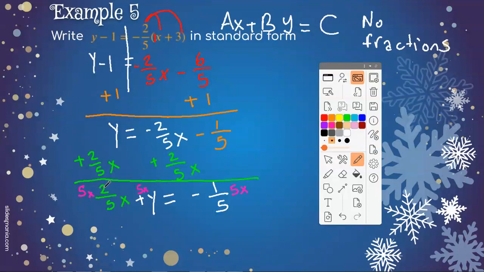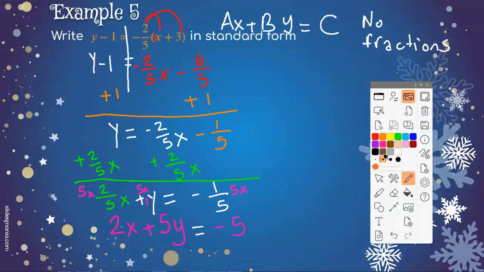So if we do 5 times 2 divided by 5 with the calculator, we're going to get 2x. If we do 5 times 1, we're going to get plus 5y equals, and if you do negative 1 times 5 divided by 5, you're going to get negative 5.